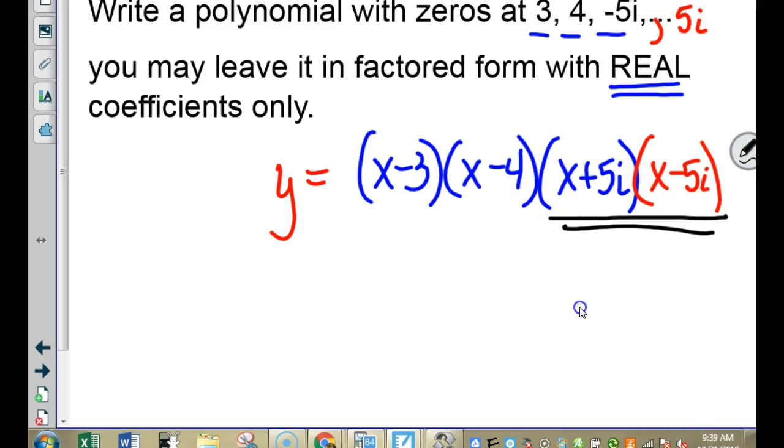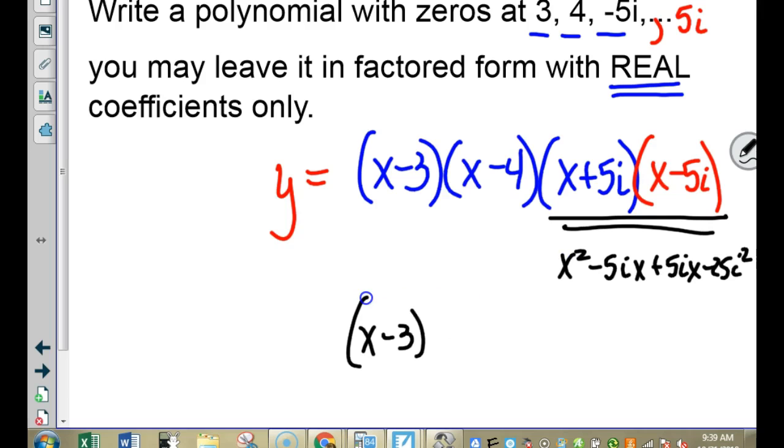We can't have these. If we FOIL that together, we have an x minus 3 and x minus 4. What happens back here? This is canceled. We have an x squared minus 25i squared.